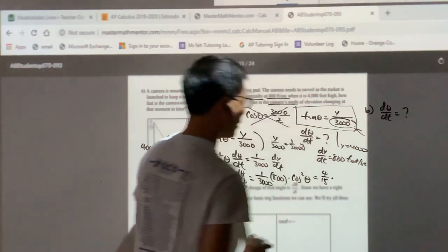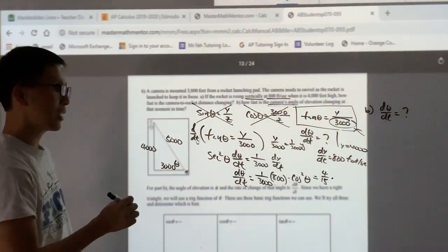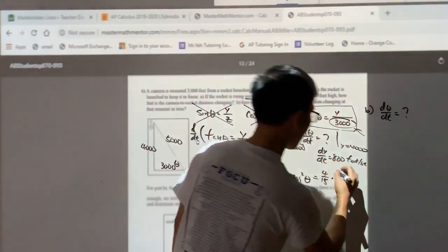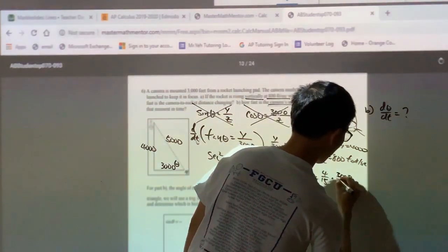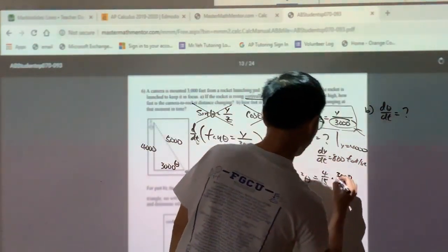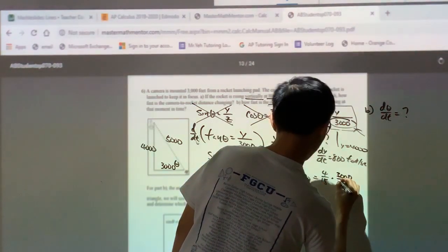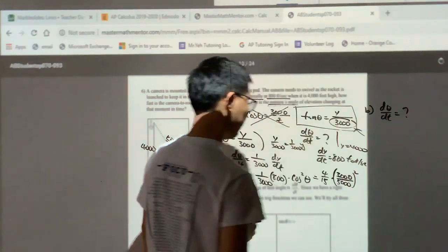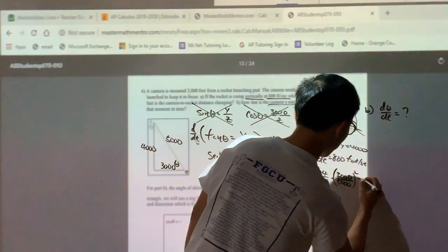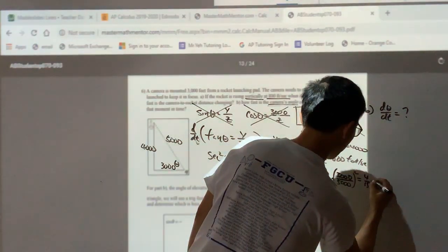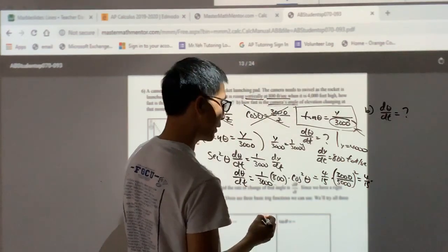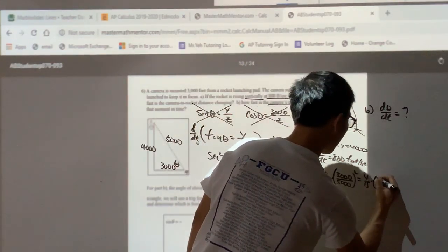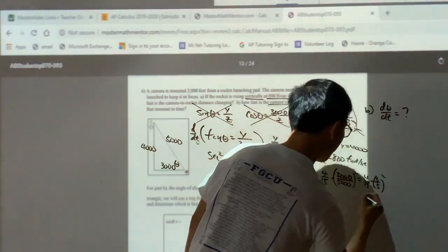Cosine squared of theta is equal to adjacent over hypotenuse. So adjacent in this case is 3,000 over hypotenuse, which is going to be 5,000. And then I'm going to square it. So that's down to 4 over 15 times 3 out of 5 squared.